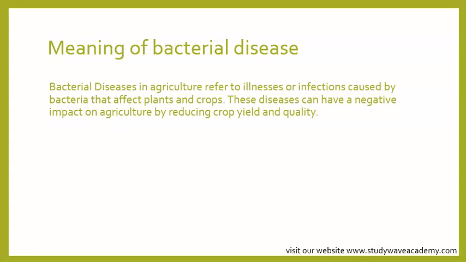These diseases can harm crops and reduce the amount of food we can grow. Bacterial diseases are a common concern in agriculture as they can lead to significant crop losses and economic impacts.